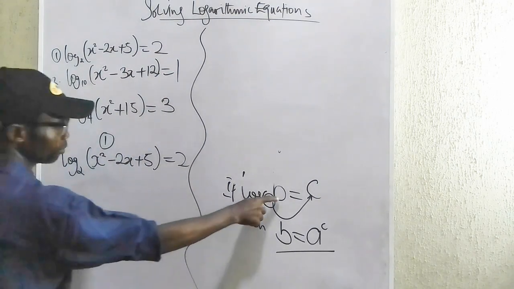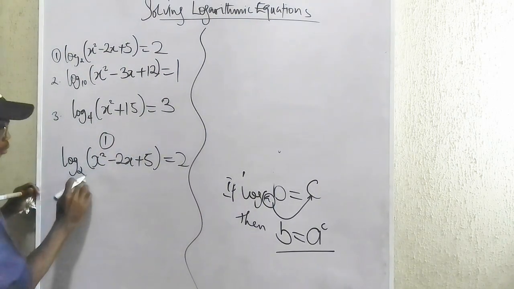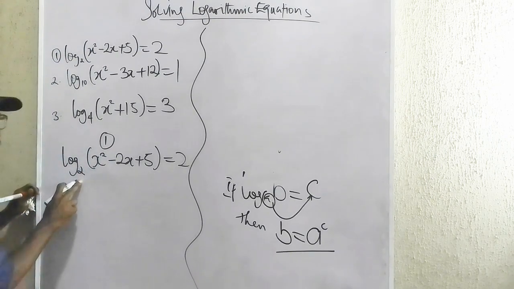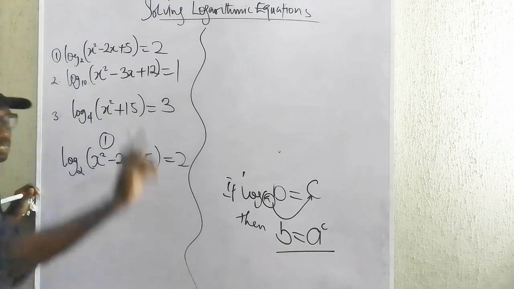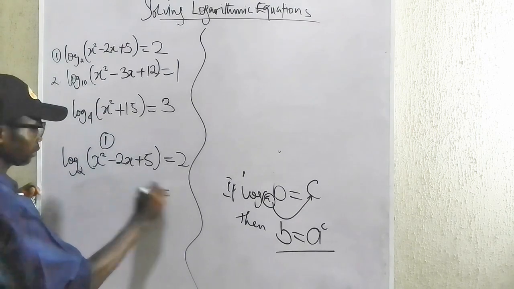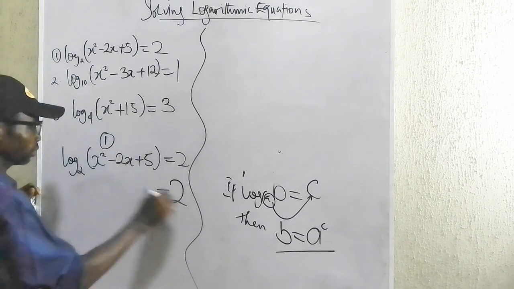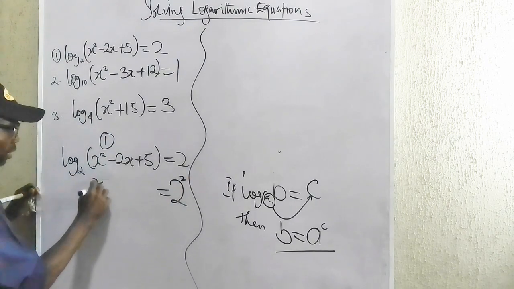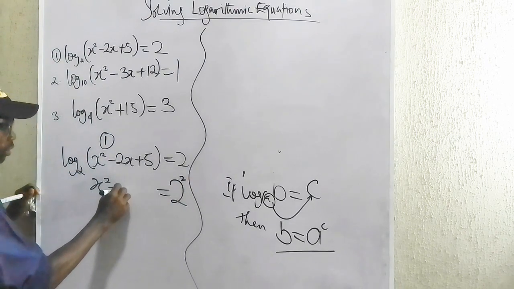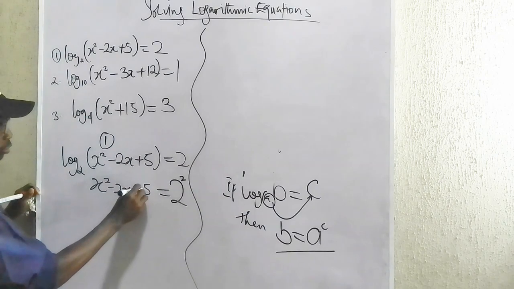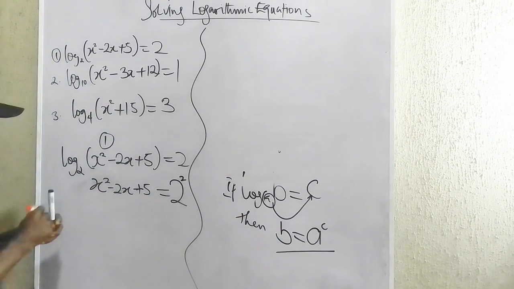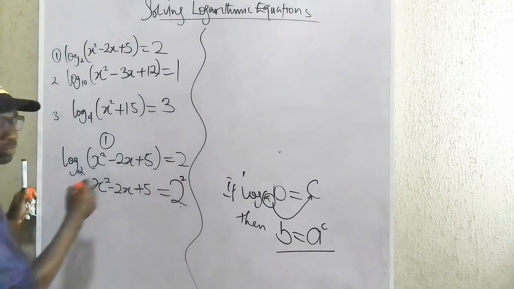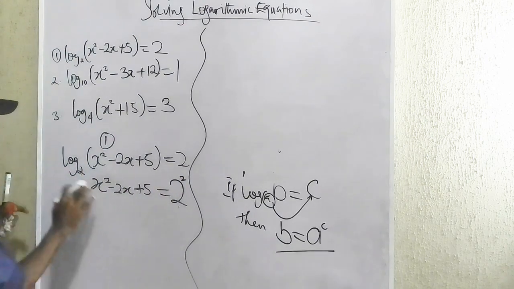The log of this to a particular base is the number of times the base will be raised. So the base is this 2, not this one, and this other 2 is the power. So we have x squared minus 2x plus 5. So don't confuse it. This 2 is the base, and this one is the power. So this is what we have now.